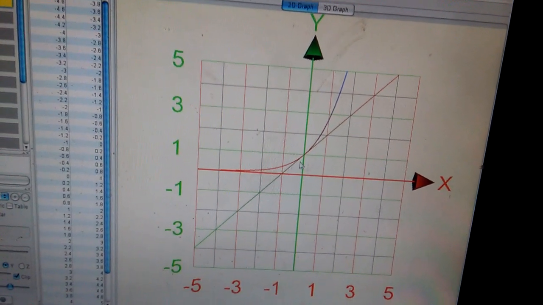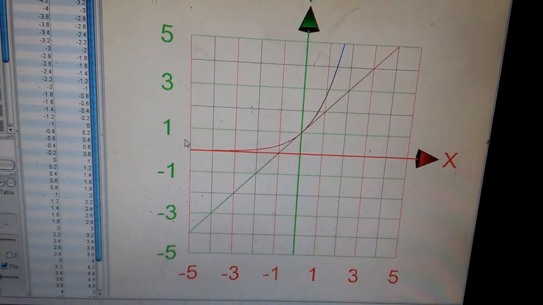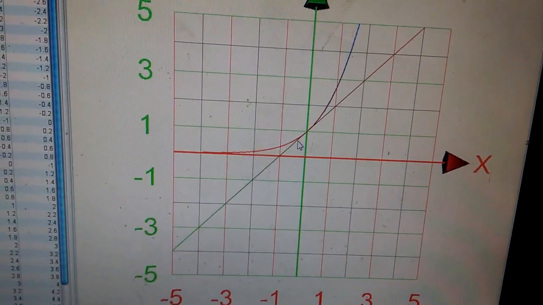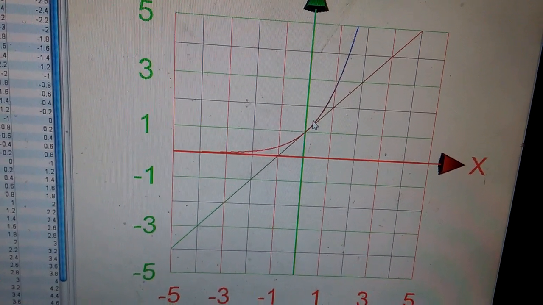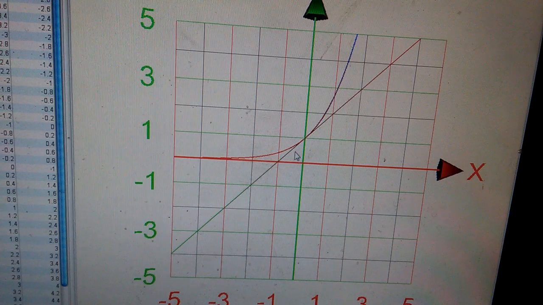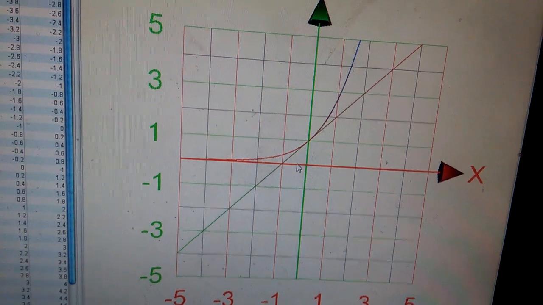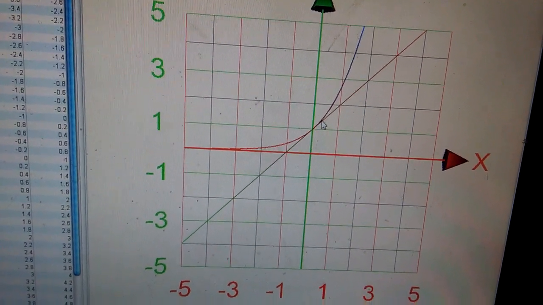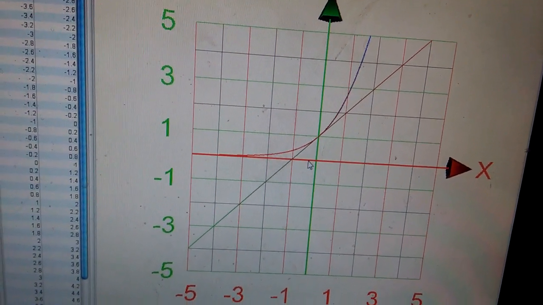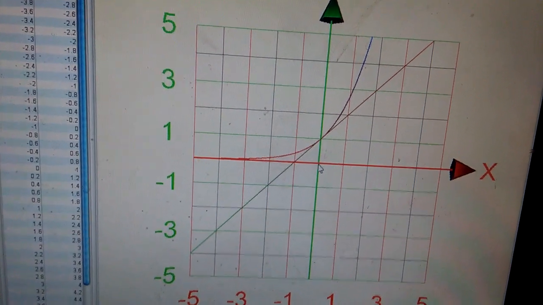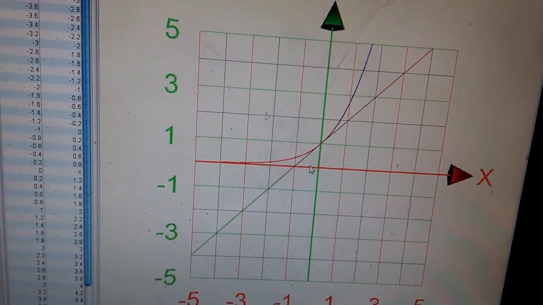You can see that at x equals 0, both have y coordinate 1. You can also notice that up to a certain region on both sides of x equals 0, from here to here, in a very small interval, these two graphs are overlapping. So this much distance to the left of 0 and this much distance to the right of 0, you have an overlap of these two graphs.